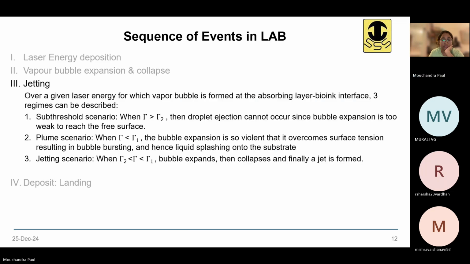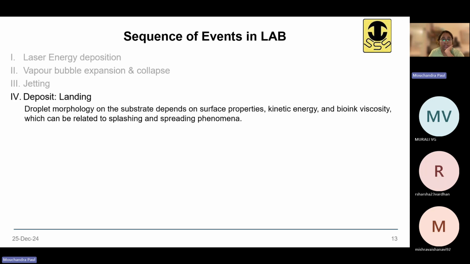Now, the last step in the technique is that the droplets will land on the substrate. Depending on the surface properties that you are using, as well as how fast the droplet is moving, that is, the kinetic energy of the droplet, and droplet viscosity, all these properties will directly affect the morphology of the droplets that have landed on the substrate. You can see from the morphology whether there is splashing or spreading.